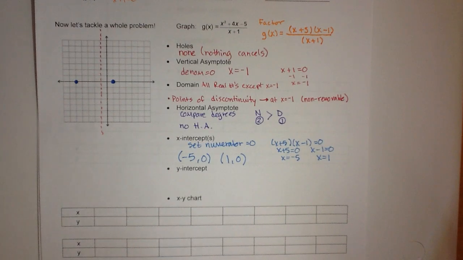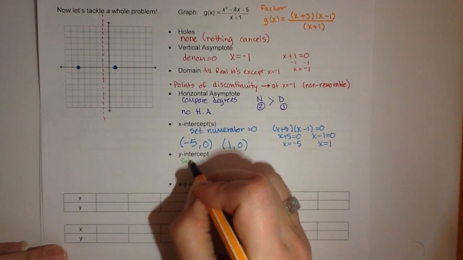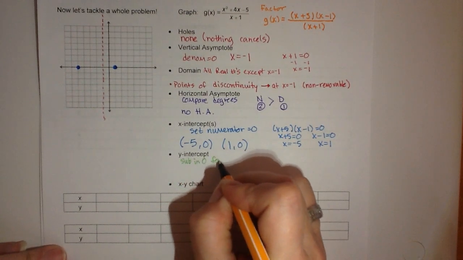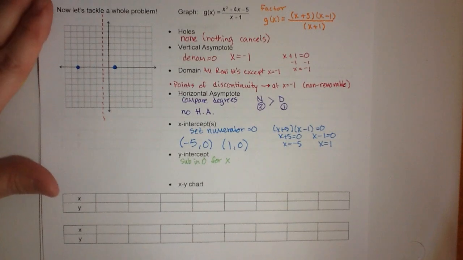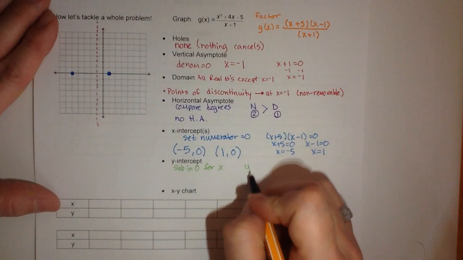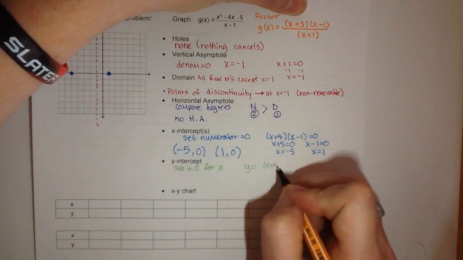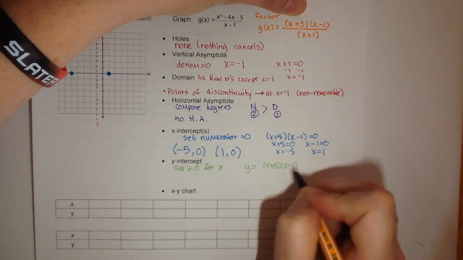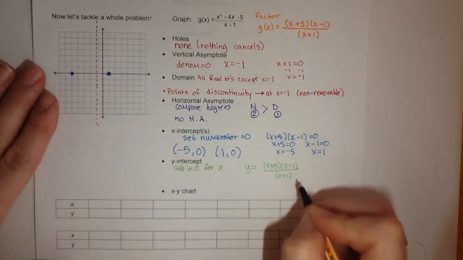For a y-intercept, we are going to substitute in 0 for x. And you can do that from the factored form or from the original. If you use the factored form, then y will equal 0 plus 5 times 0 minus 1 divided by 0 plus 1.